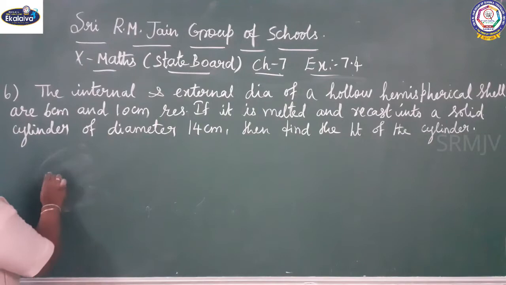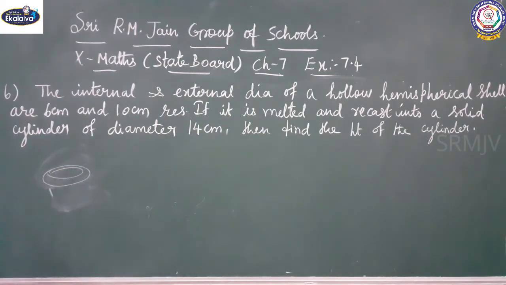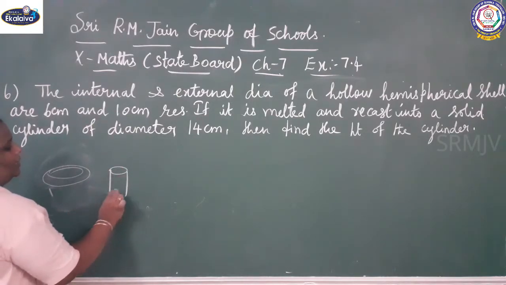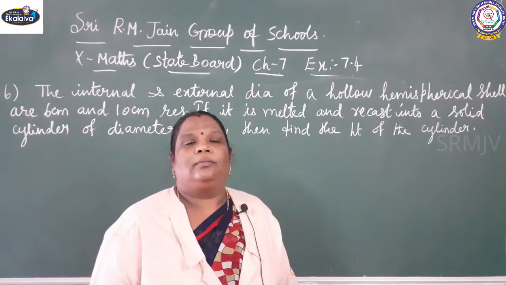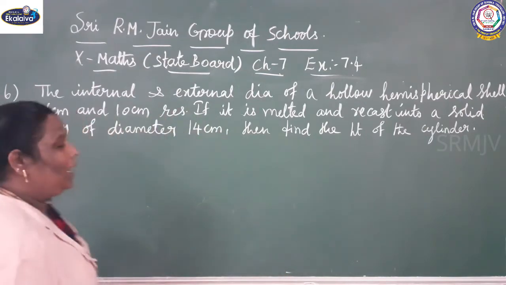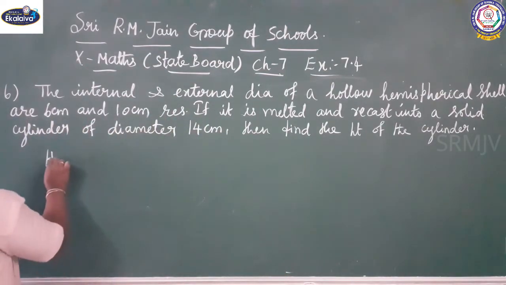The shell is melted and recast into a solid cylinder. So volume of hollow hemispherical shell is equal to volume of the cylinder. Find the height of the cylinder. See, hollow hemisphere.